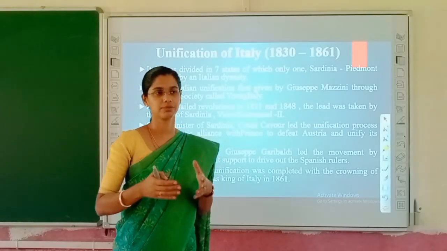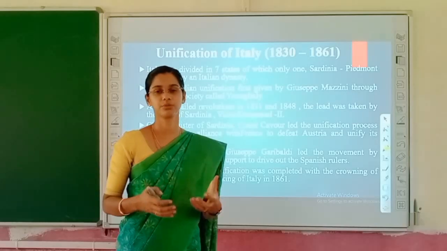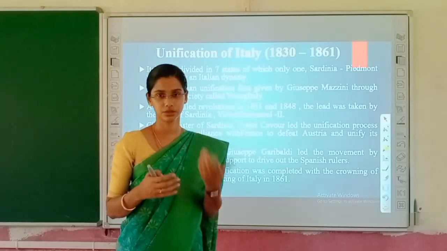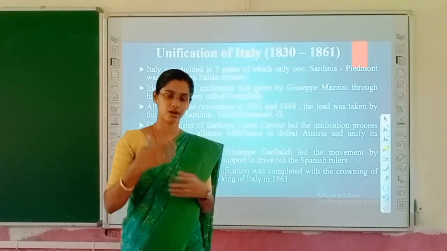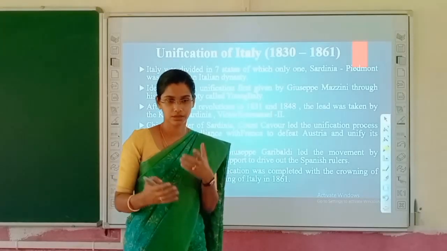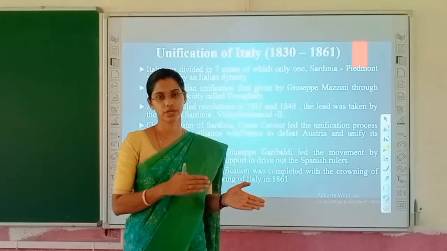And then after, the ruling alliance wanted a unified Italy, because they thought that after the unification process, Italy would be economically developed, and at the same time Italy would have political dominance over the other states.